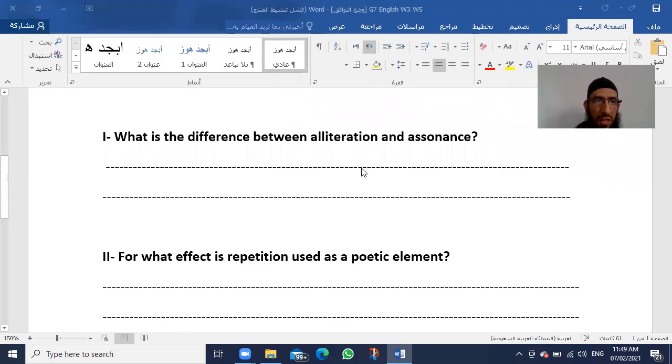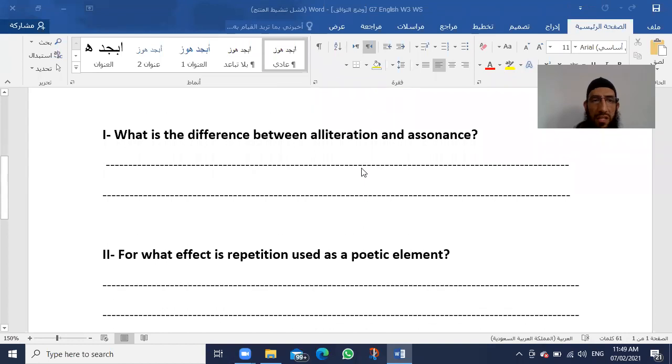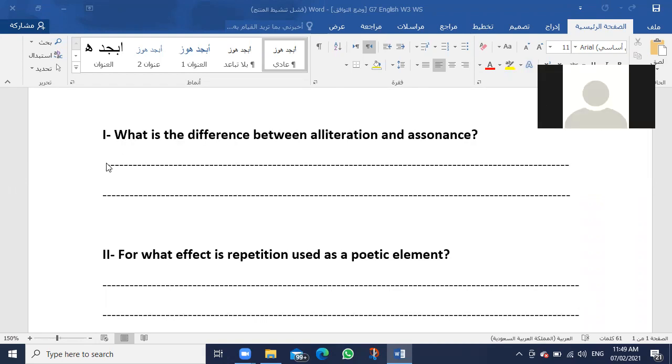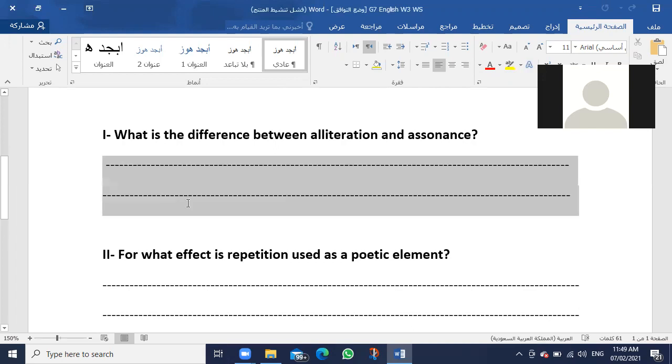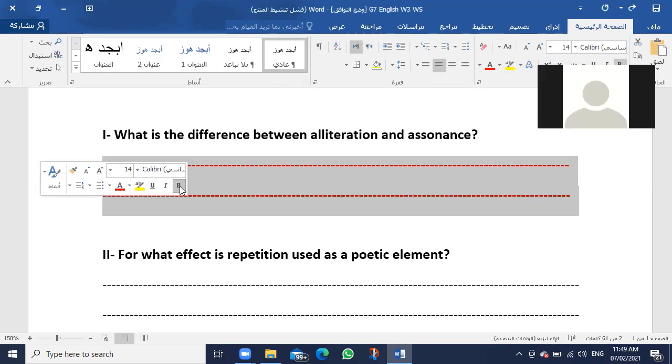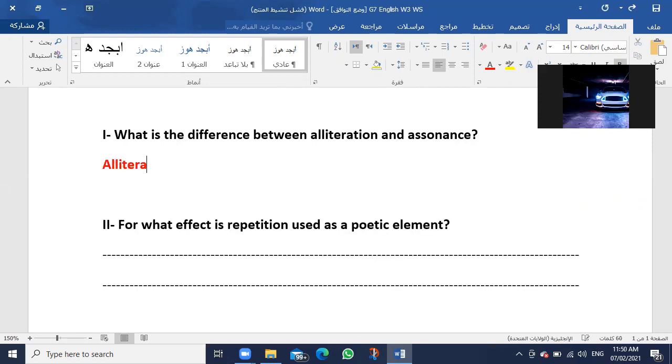To start with this question, what is the difference between alliteration and assonance? Who can answer this? Okay, Ammar, thank you. Go ahead. So alliteration is the use of words which begin with the same consonant sound. Bravo.